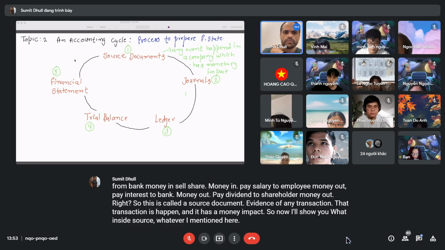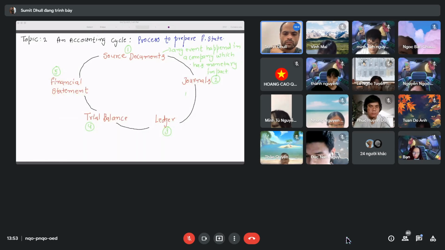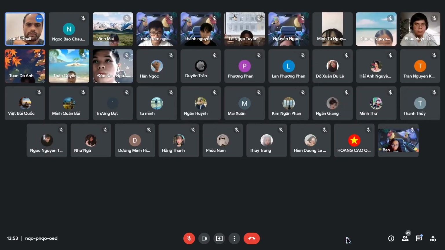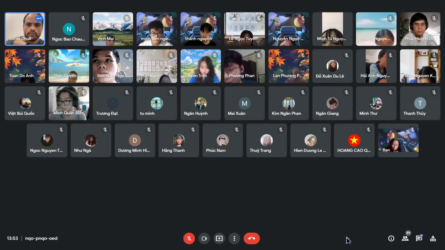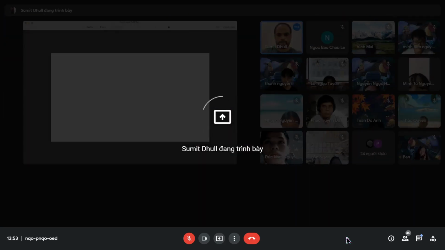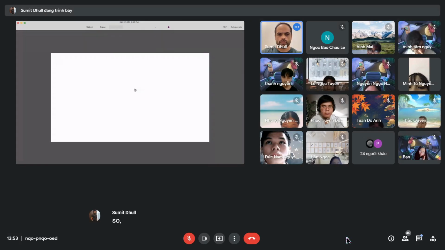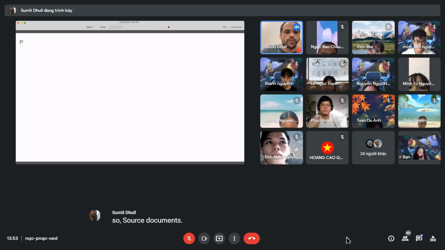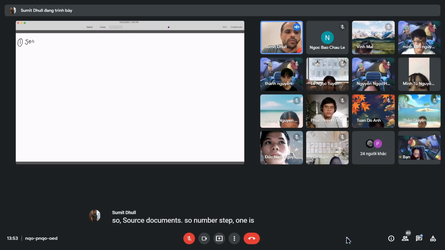So now I'll show you what is inside a source document. Let me write it down. So step 1 is the source document.